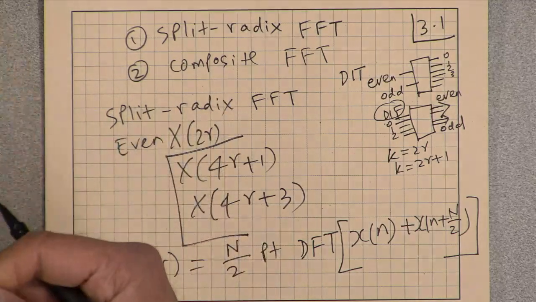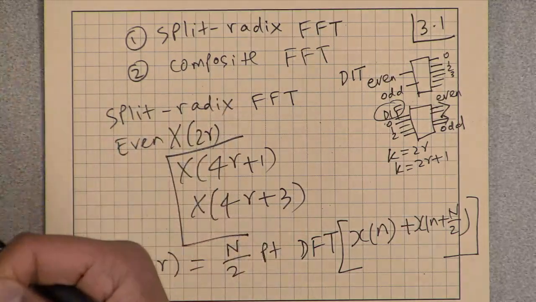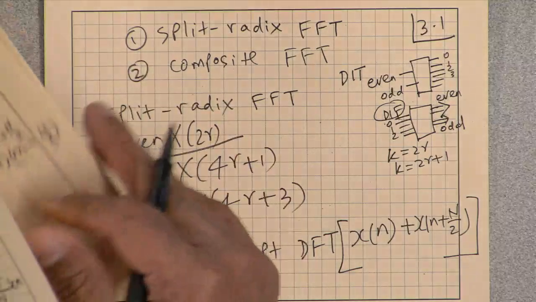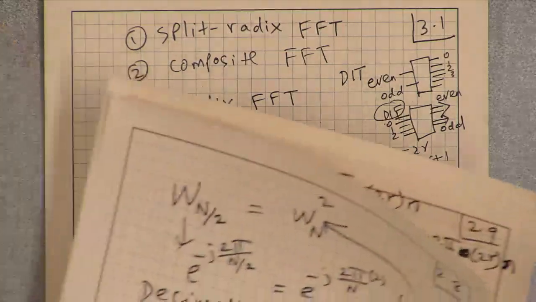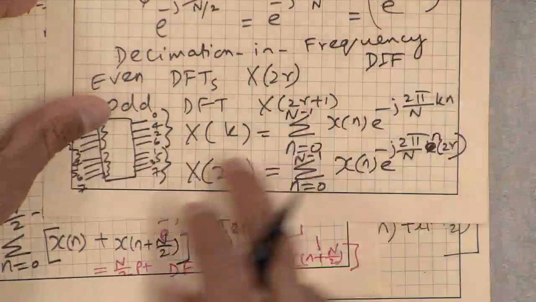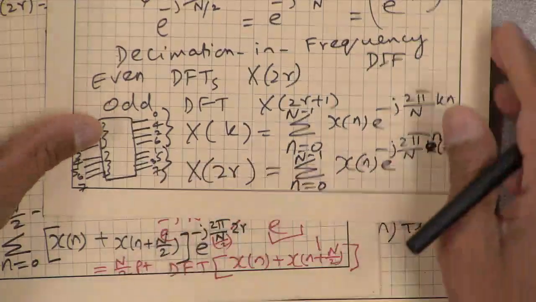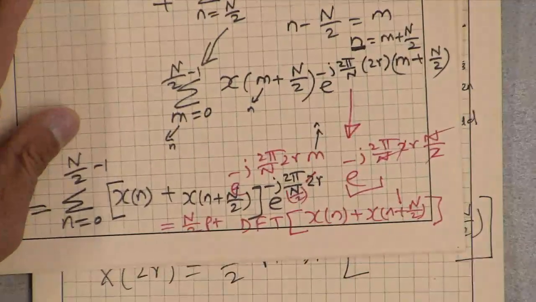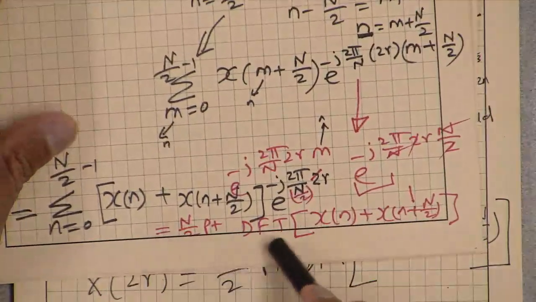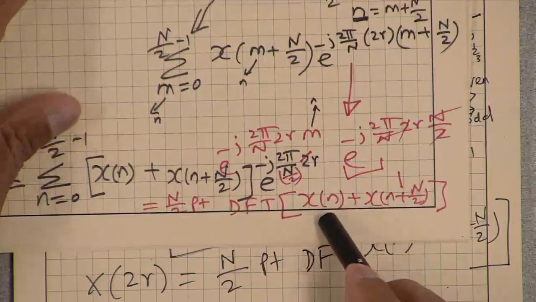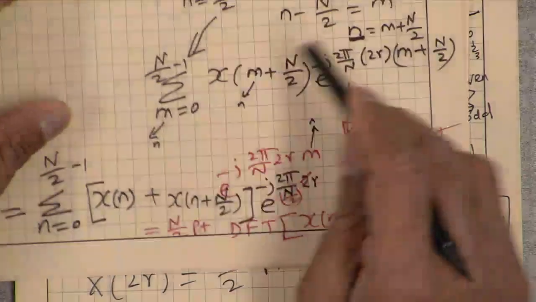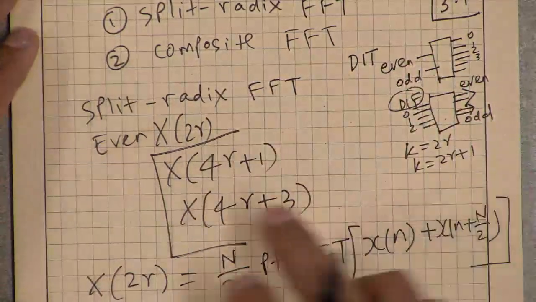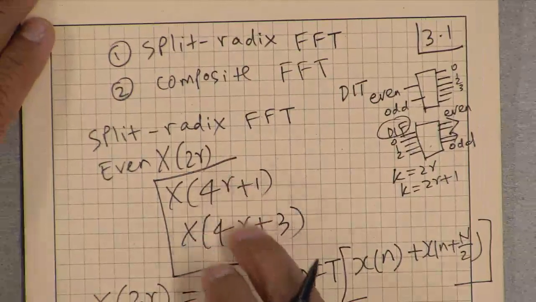For the DIF, we substituted k equal to 2r, and then we showed that it is equal to the N by 2 point DFT of x[n] plus x[n plus N by 2]. I'm not going to derive that anymore, we already solved that. So now let's write down what are these two quantities.